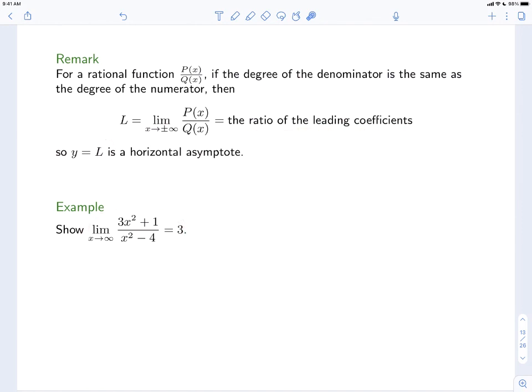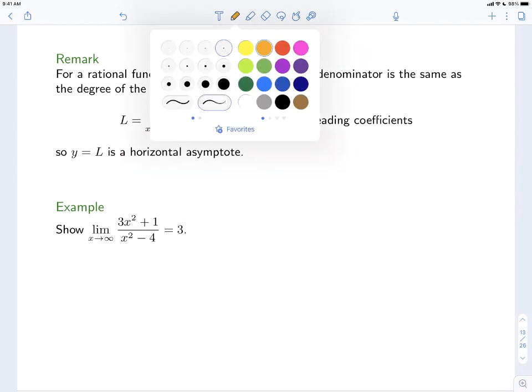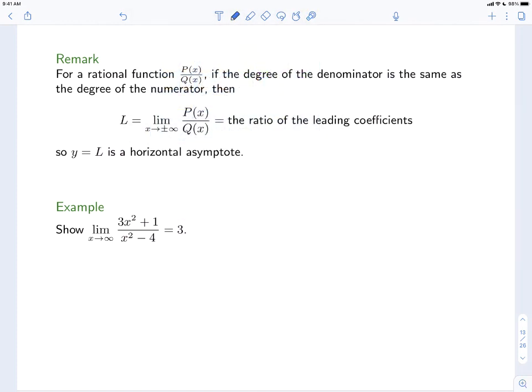The leading coefficients are 3 in the numerator and 1 in the denominator. So the limit is going to be 3, and we can show that using the method we already described. So the limit as x goes to infinity of (3x squared plus 1) over (x squared minus 4), you divide by the largest power that appears in the denominator, which is x squared.